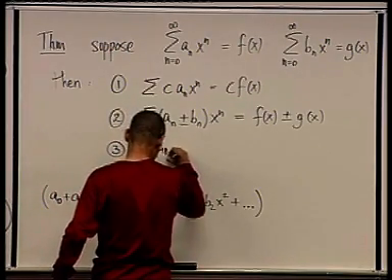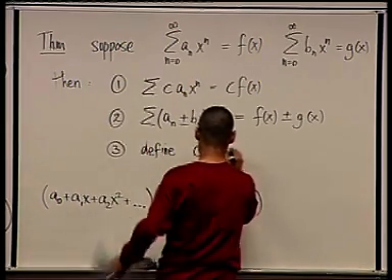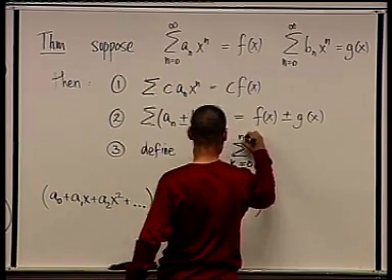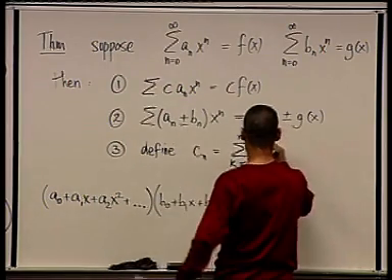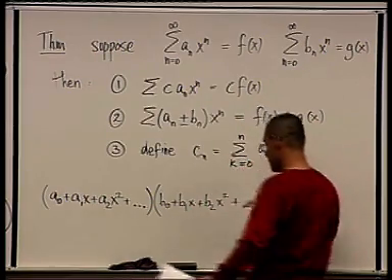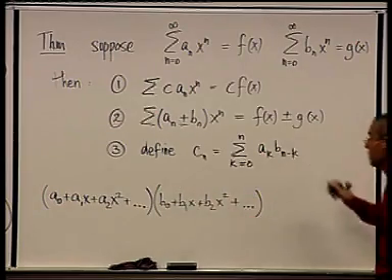Define Cn to be the finite sum, k equals 0 to n, of ak times b(n minus k). This is going to give you precisely these, interchanging all possibilities.